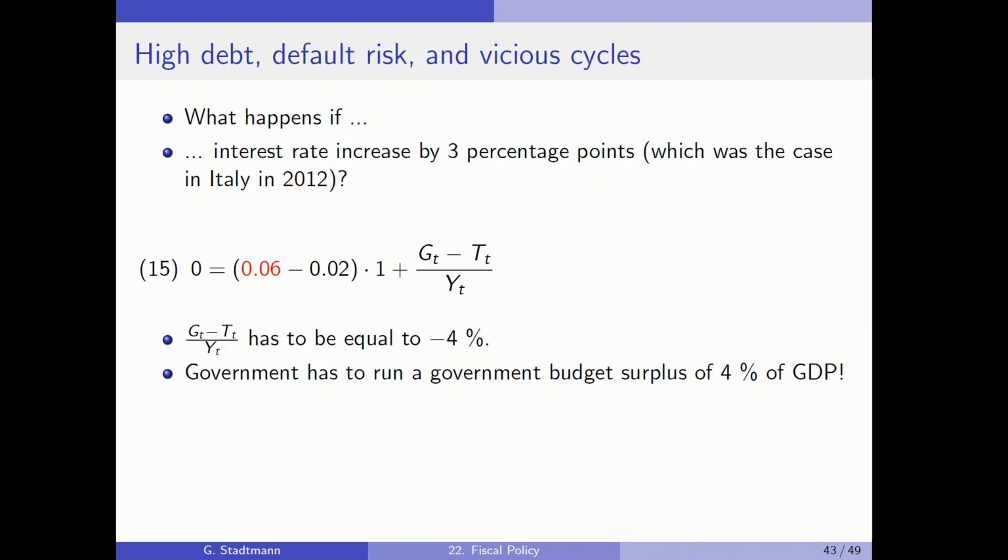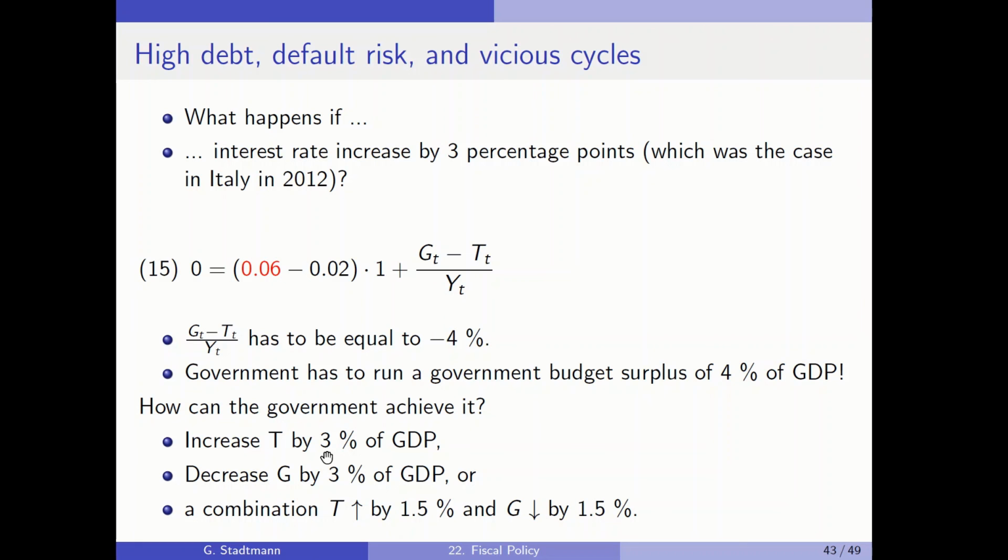It can, of course, now, after this shock occurred, increase taxes by 3% of GDP, or decrease government spending by 3% of GDP, or a combination. For example, the government could increase taxes by 1.5% and decrease government spending by 1.5%. So what the government has to implement here is a contractionary fiscal policy.